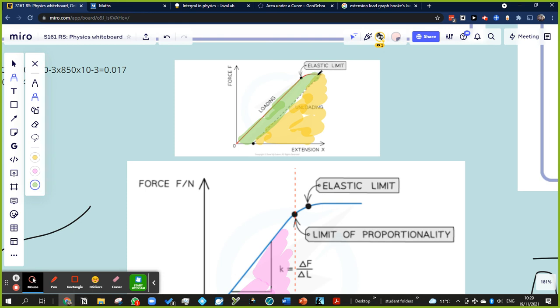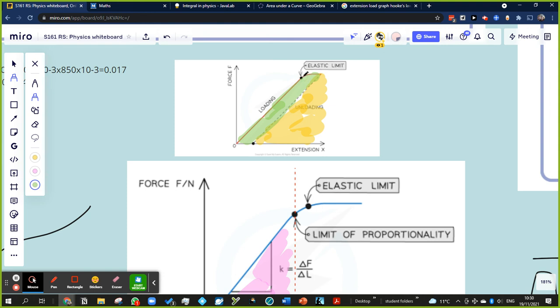This links to understanding the use of the word elastic, and where we've seen it before. We've seen elastic before in momentum, or if you haven't studied momentum yet, then you'll come across it in momentum. You get different types of collisions: elastic collisions and inelastic collisions. What's the difference? Elastic collisions are when energy is conserved, kinetic energy is conserved. And so we can see here that the same use of the word is coming into play.